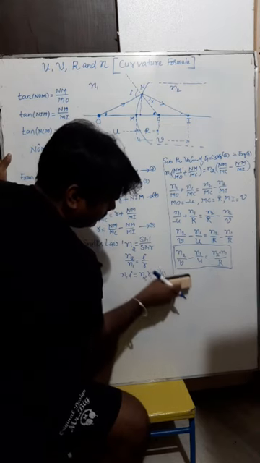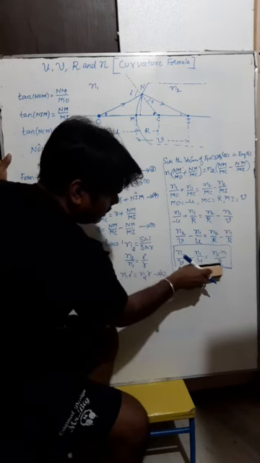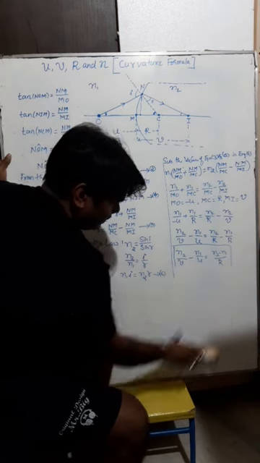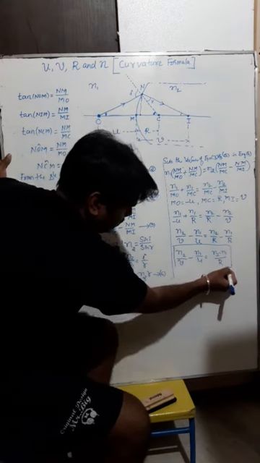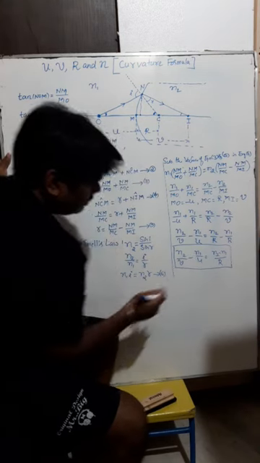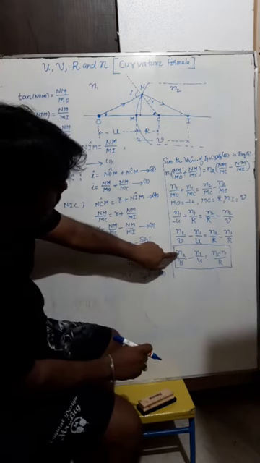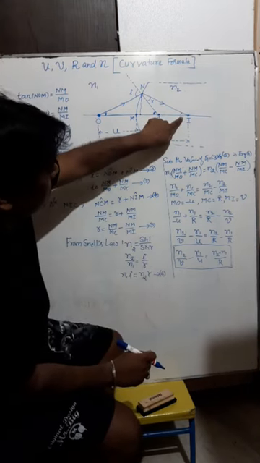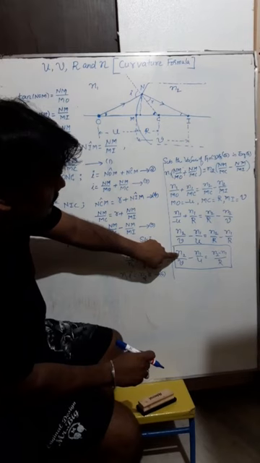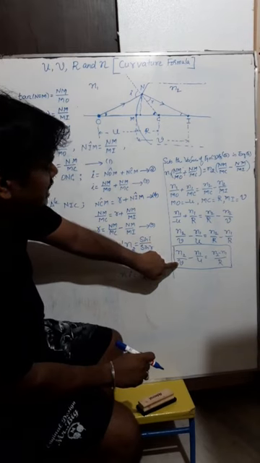So this final equation clearly says that, how to read this equation? N2 is the refractive index of image space, and V is the image distance.